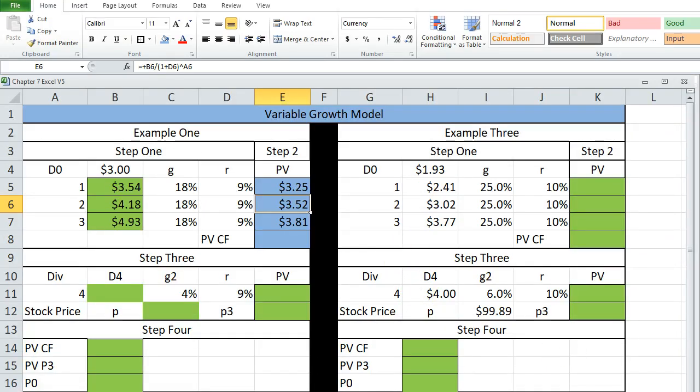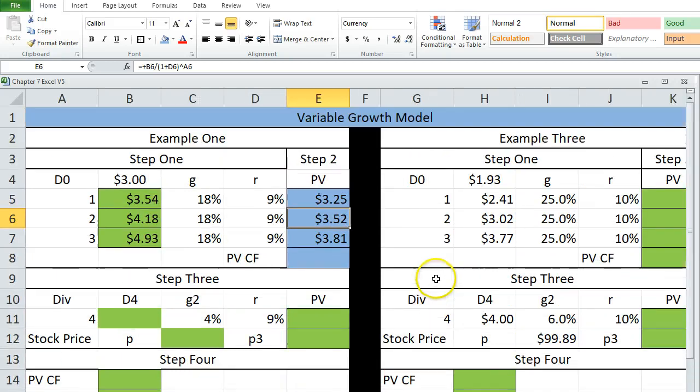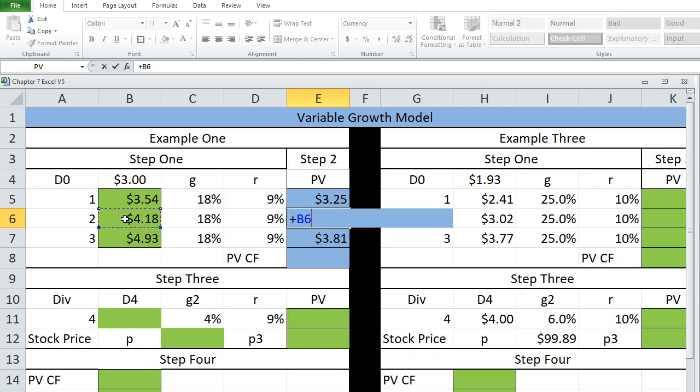So I'm going to use the present value formula, which would be the future amount divided by 1 plus the required rate of return to the exponent, using the little character above the 6 key. If you hit Shift 6, it makes the exponent. So I'm going to use exponent 2.